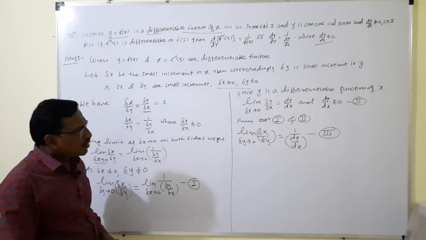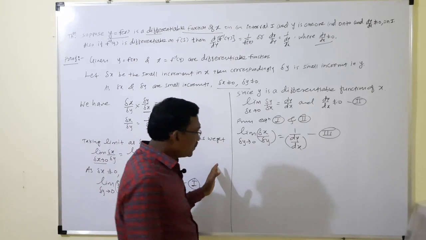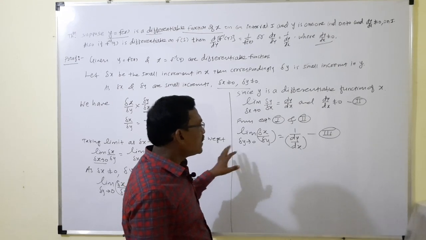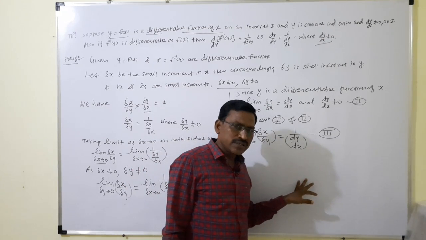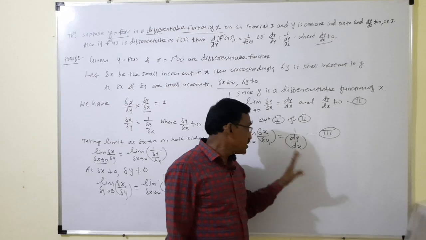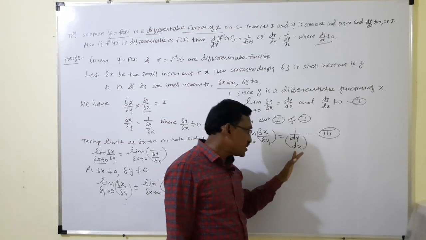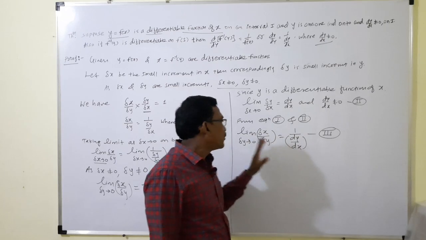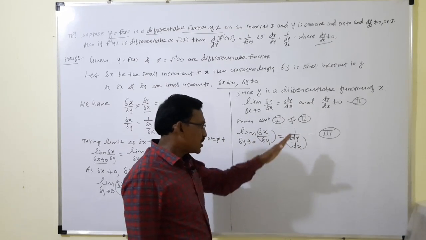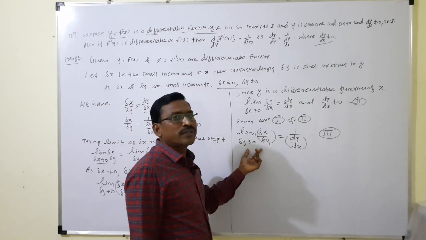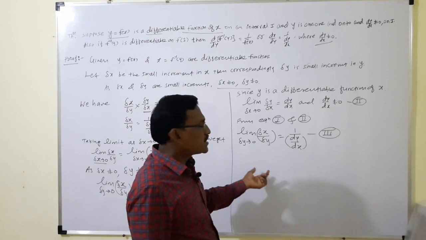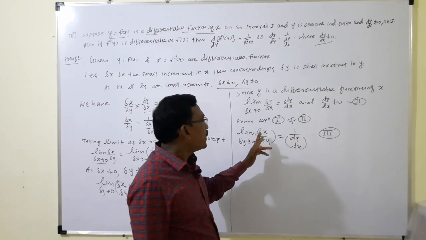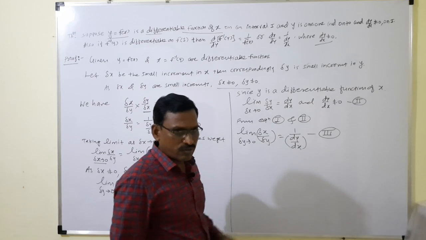Now, in the right hand side of equation 3, the limit exists and is finite. Since the RHS of this equation 3 exists and is finite, the LHS of this equation 3 also exists and is finite, and this is equal to dx by dy by using Leibniz notation.